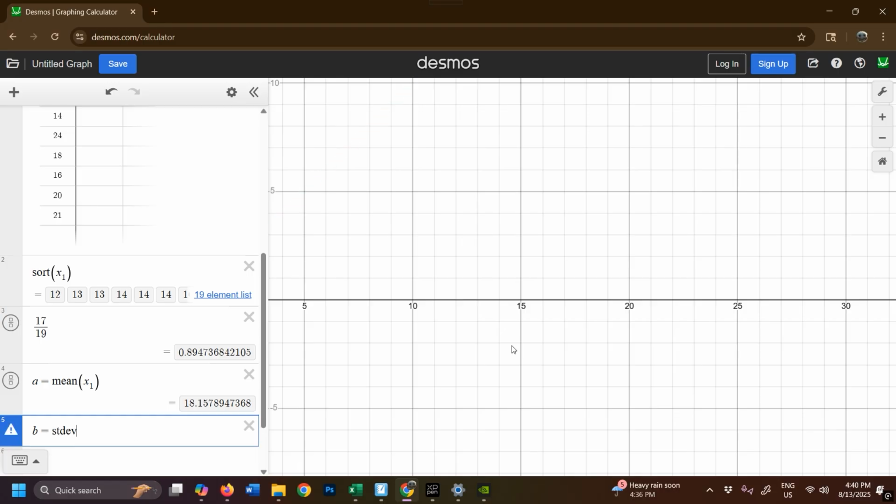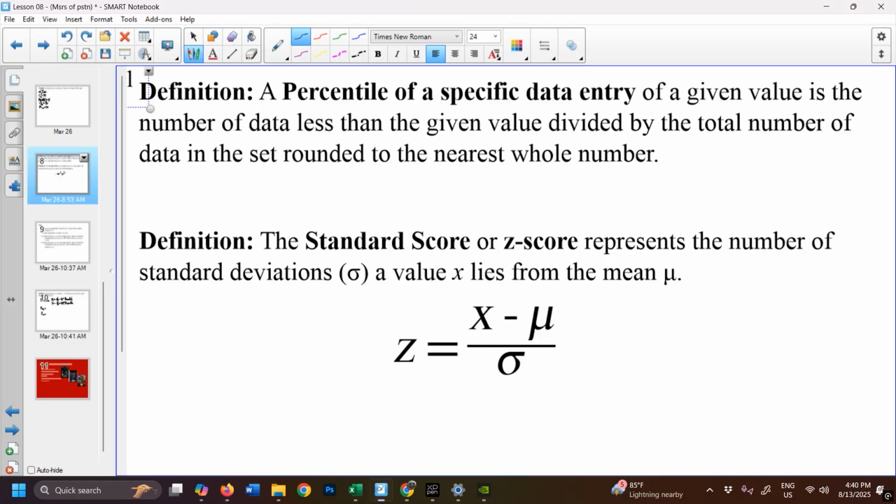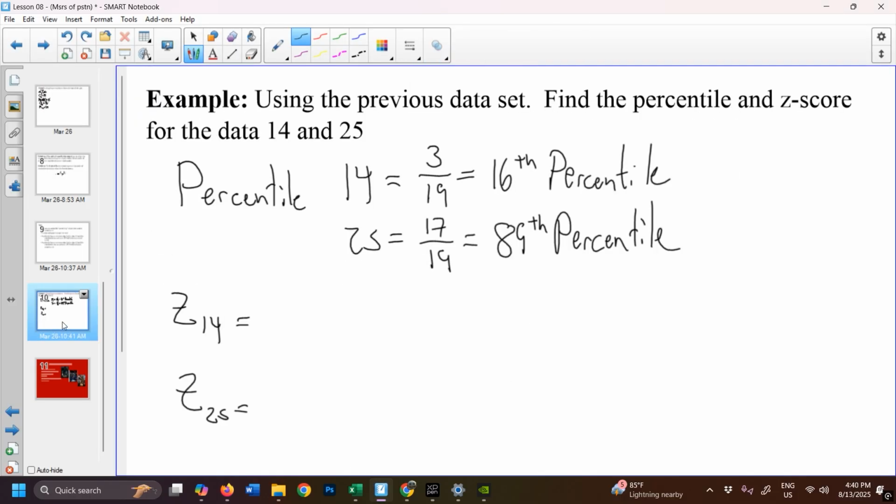Since they don't tell us that this is a sample, we're going to assume that it's a population. Hopefully when we get to other things, they'll tell you directly whether it's a population or a sample. But in this case, we're going to go x1 again. And so I have these two values. So let's go back here and just write these down so you can see them.